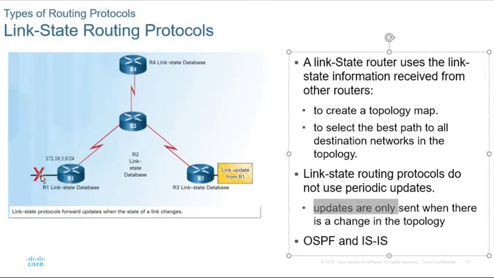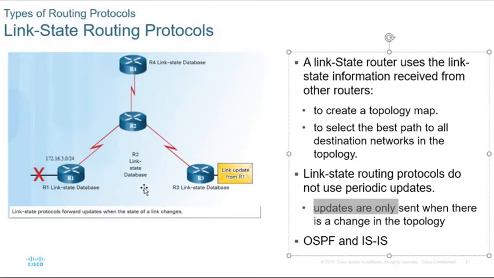Whenever a network goes down, for example this network connected to R1, that is the time R1 sends the update. We call that a triggered update. Link state routing protocols use triggered updates, which are only sent when there is a change in the topology.